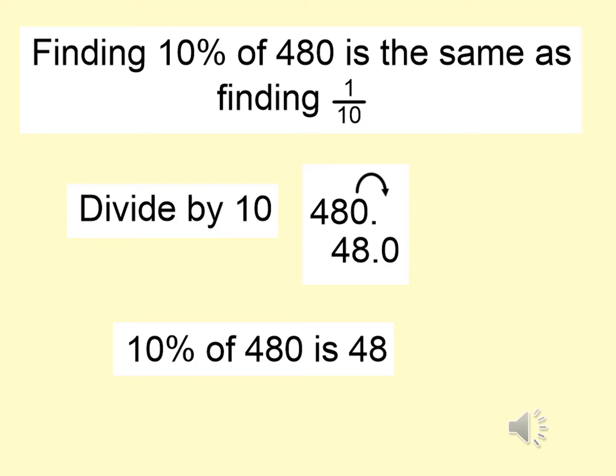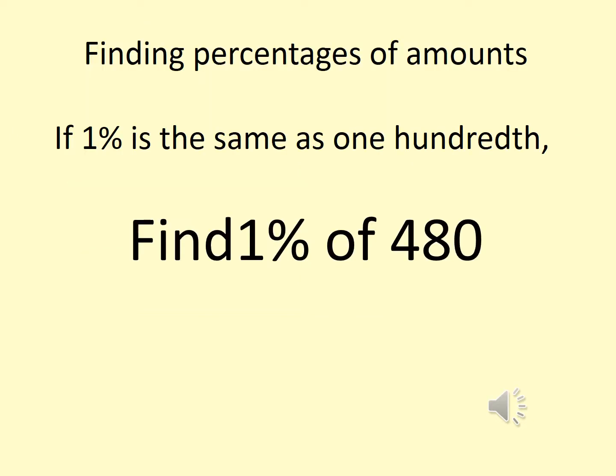In order to find 1/10, we simply divide by 10. You can see here that I've divided 480 by 10 by simply moving the digits around the decimal point one place so that each digit is one place smaller. So 10% of 480 is 48. 480 divided by 10.